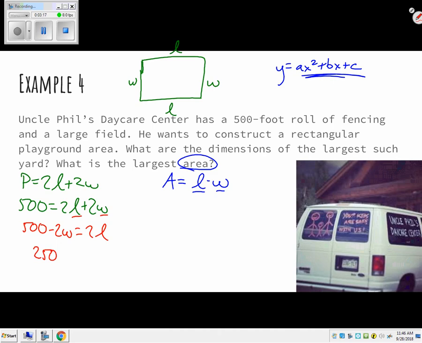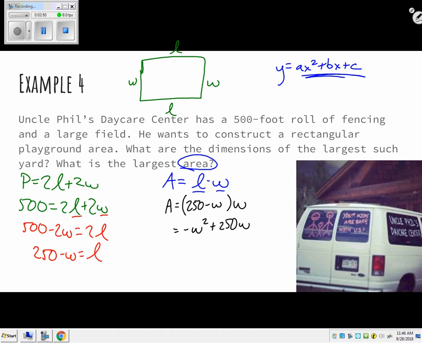I get 250 minus W is equal to L. And so I'm going to come over here to my L and I am going to plug in 250 minus W in for some direct substitution there. Get rid of parentheses, do a little bit of rearranging, and I have what was known as my general form yesterday. Just instead of x's, I have w's.